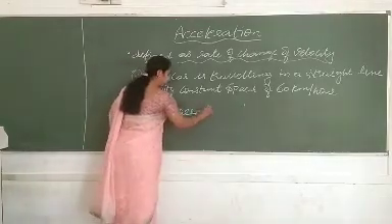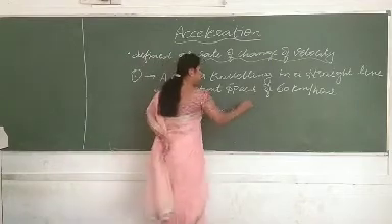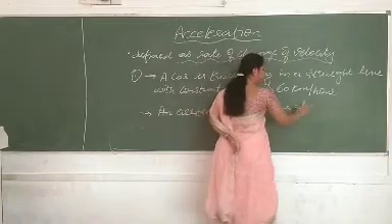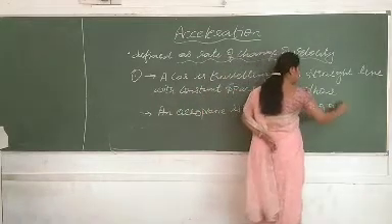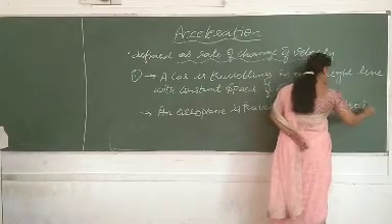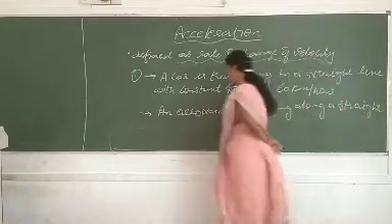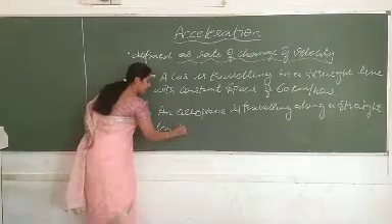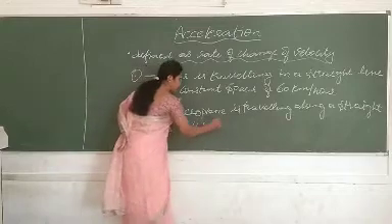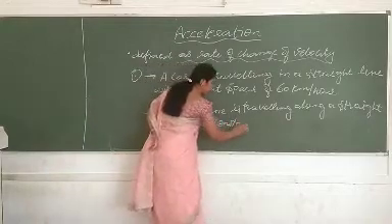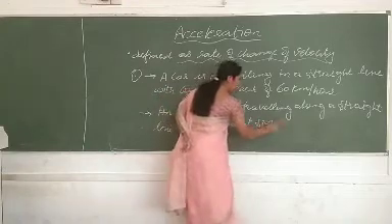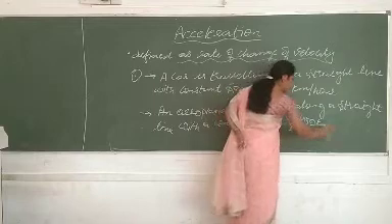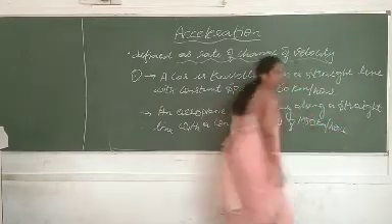An aeroplane is traveling along a straight line with a constant speed of 1000 km per hour.